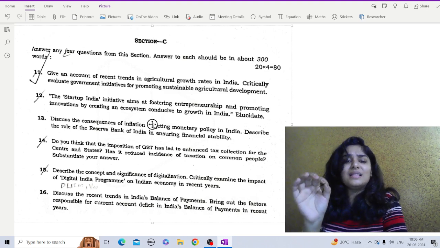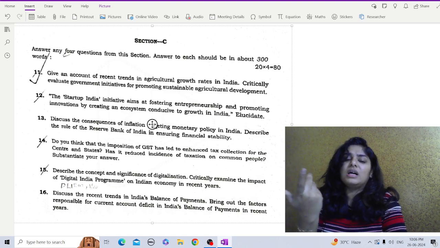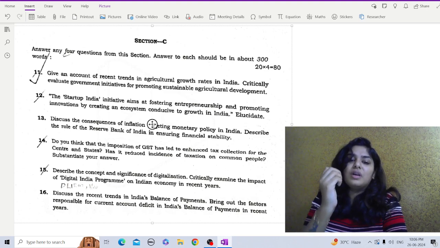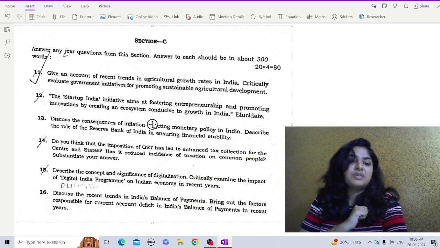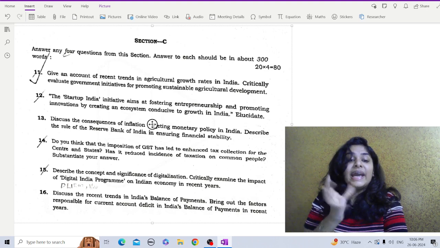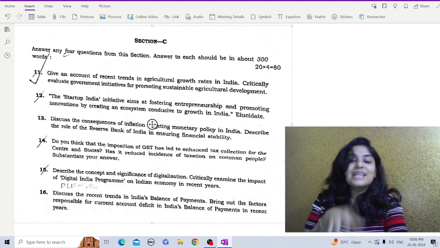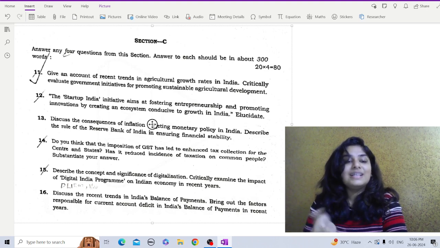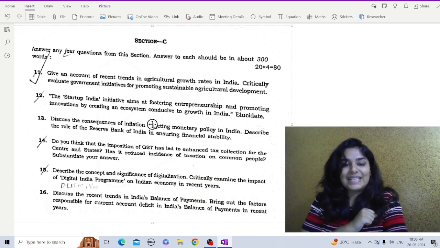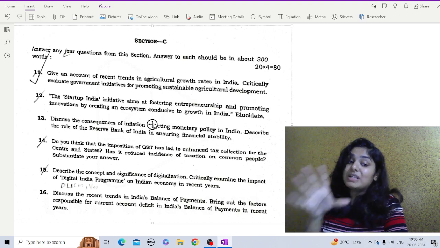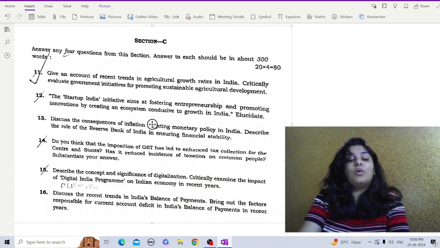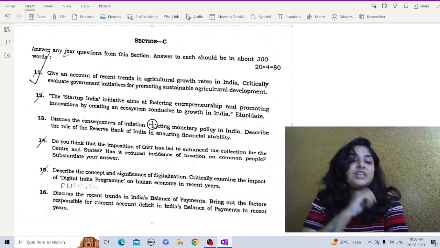For instance, monthly GST revenue crossed, let's say, the 1 trillion mark consistently, reflecting a healthier tax collection system. This can be attributed to the reduction in the cascading effect of taxes, which has made business more transparent and compliant. Now, let's talk about reduction in tax incidence.